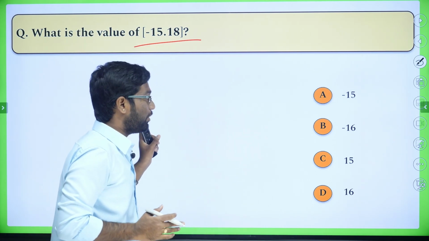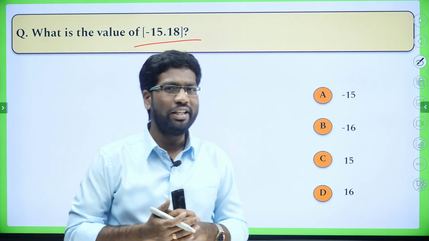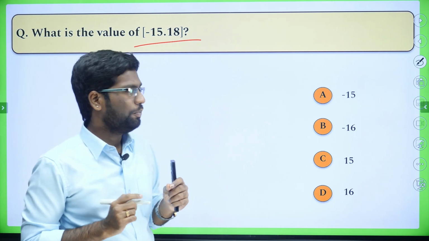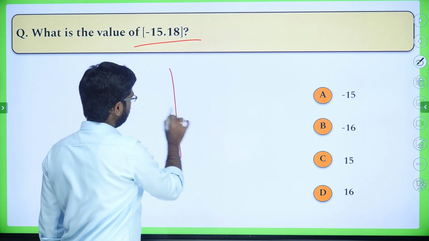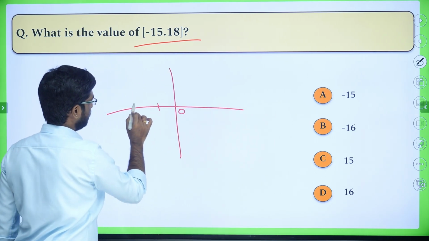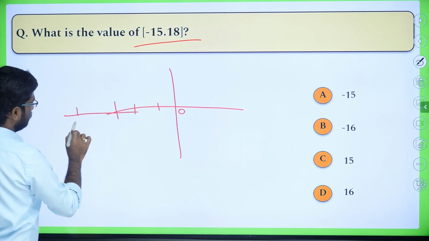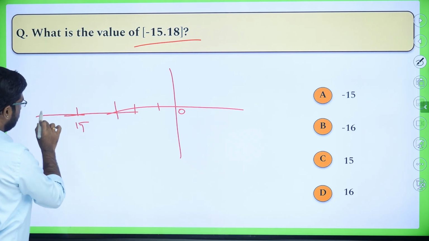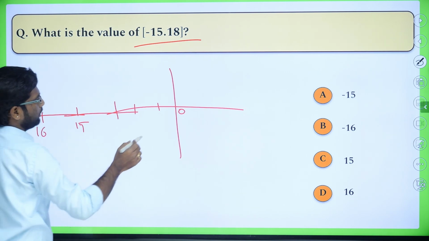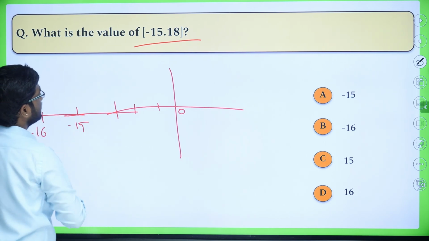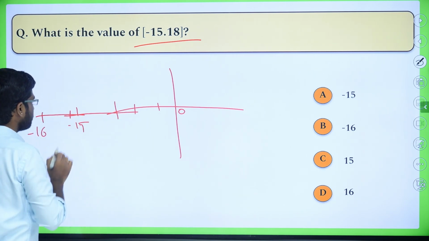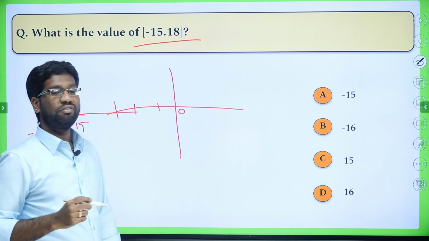Because at negative, you have to be very careful, as I said. Already I have explained to you. On the negative side, 1, 2, when it comes to 15, 16, these are all minus, my dear students. So here comes my value, minus 15.18.